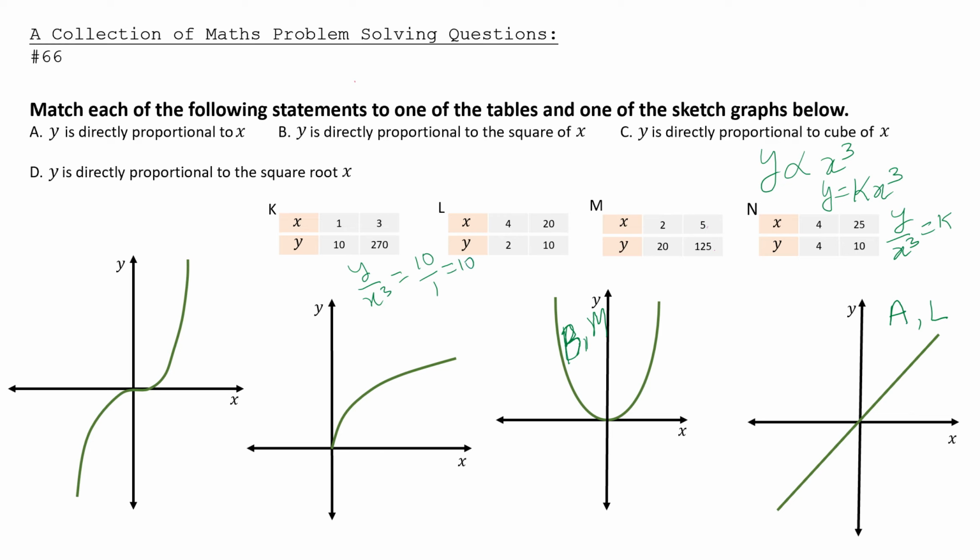And again, 270 is y, and x cubed is 3 cubed, so that is 270 out of 27, and that also equals 10.